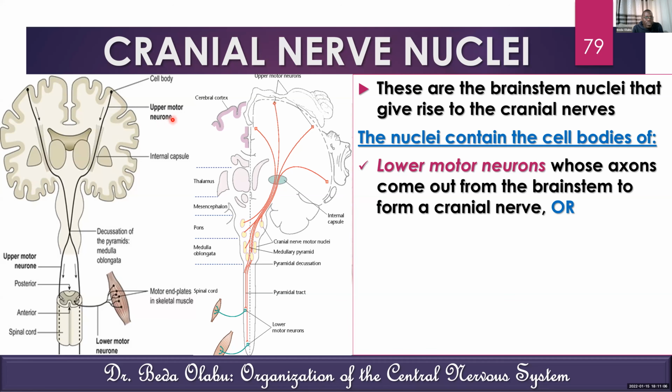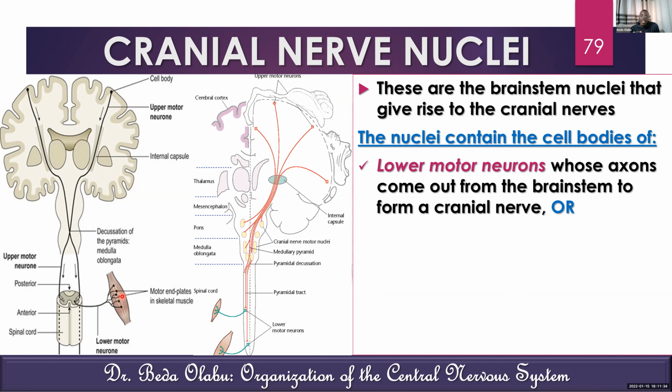That is the upper motor neuron. We see it decussating and going all the way to the spinal cord. This other one also comes from the cerebral cortex to the other side, decussating and going all the way to the spinal cord. It synapses with a lower motor neuron. And this lower motor neuron is the one that goes to the muscle.